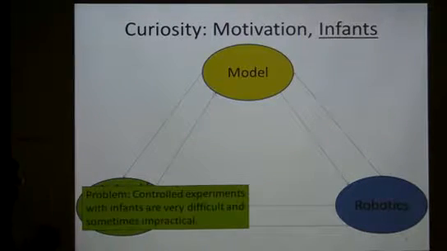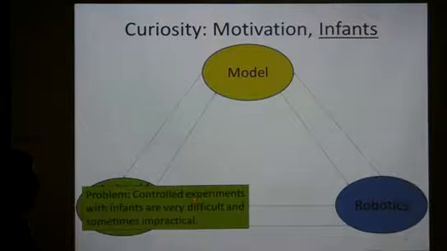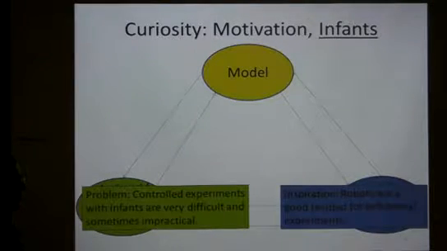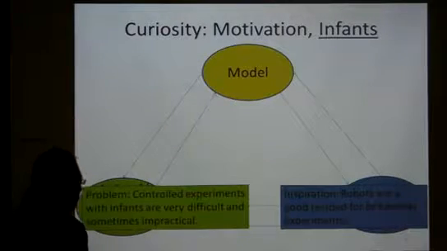The other motivation is the inverse: it's very problematic to have a controlled experiment with infants, unless they're your own. And then it's even harder, because you need to overcome the mother, who usually disagrees with your experimenting on her baby. Although I actually did some experiments with my second-born. Maybe I'll talk about it later. On the other hand, with robots you can do whatever you want. They can break, but you can buy another one.